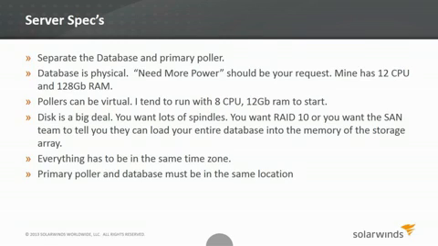It also means that at daylight savings time, you're going to have a really interesting problem when some devices suddenly lose an hour, or all of them lose an hour. So you have to be aware of that. I'll talk a little bit more about that later on. But all the polling engines, all your devices, and your database server have to all be set to the same time zone, even if they're not physically in the same time zone.